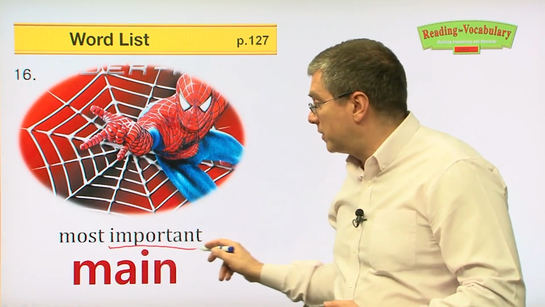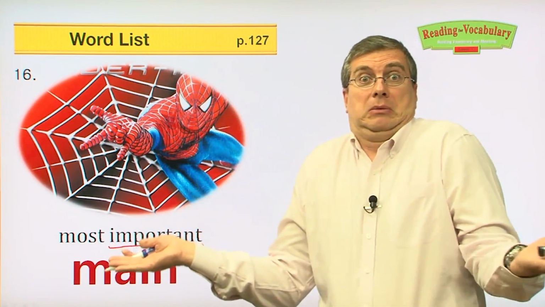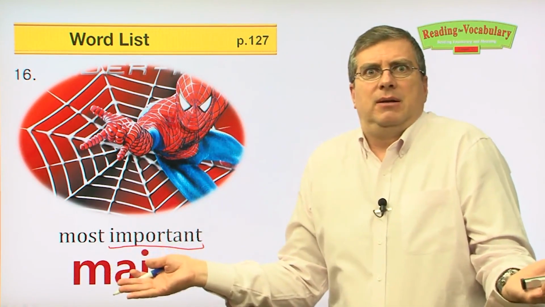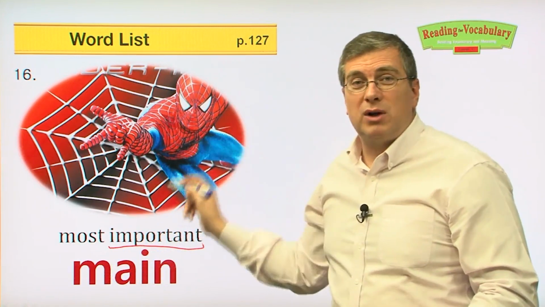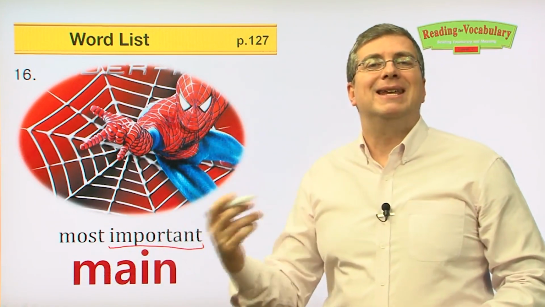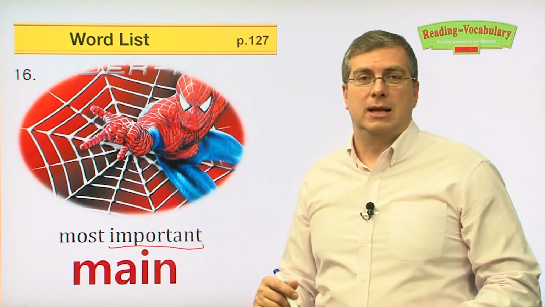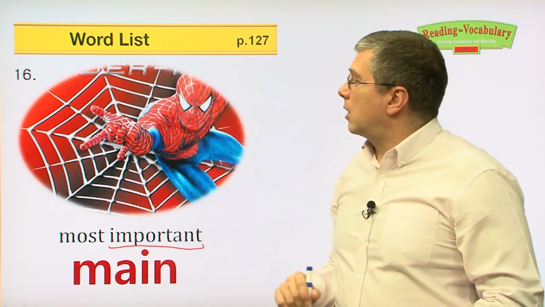He's the most important. If he's not there, what's the story about, right? It's not Spider-Man. So he's the most important. He's the main character. Okay? Who's the main character in the movie? Who's the most important character in the movie? Okay, those are our words.